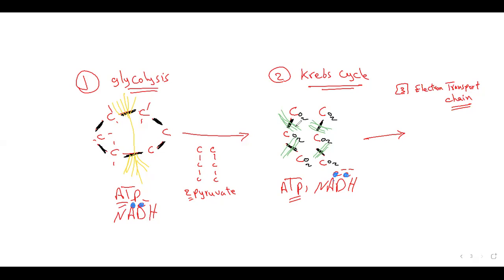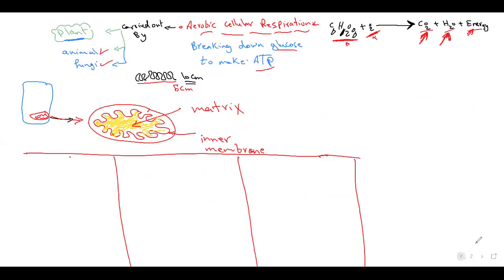Okay. So the process today is made up of 3 steps. What are they? One of them is named glycolysis. Lysis means break. The second step in the photosynthesis was named the Calvin cycle, and here the second step is named the Krebs cycle.